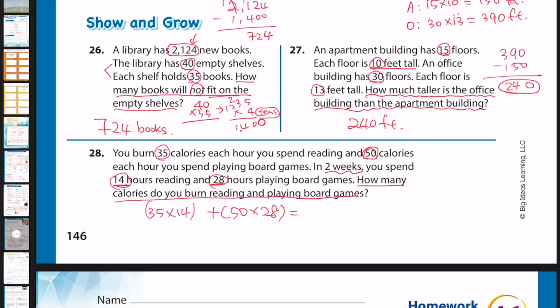That's the question. So now 35 times 14. Okay, so 35 times 14. Is there any easier way? Let's think. Of course, we can figure it out, but is there any easier way that we can do?